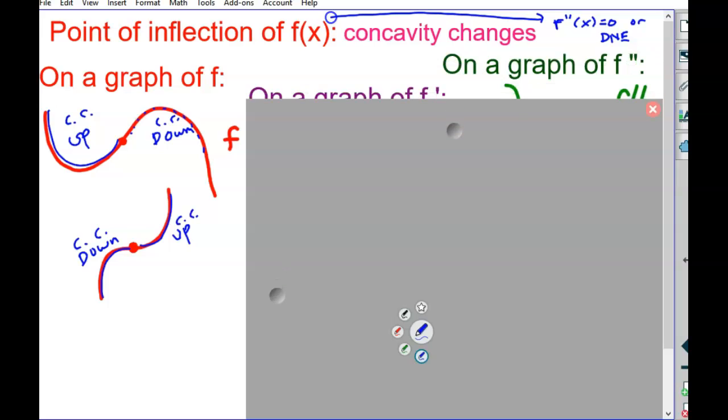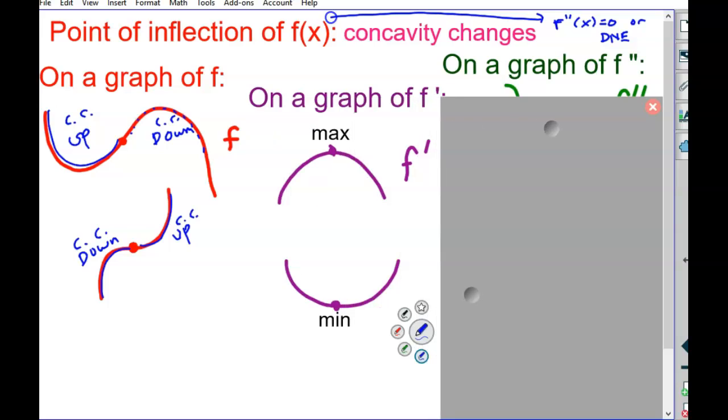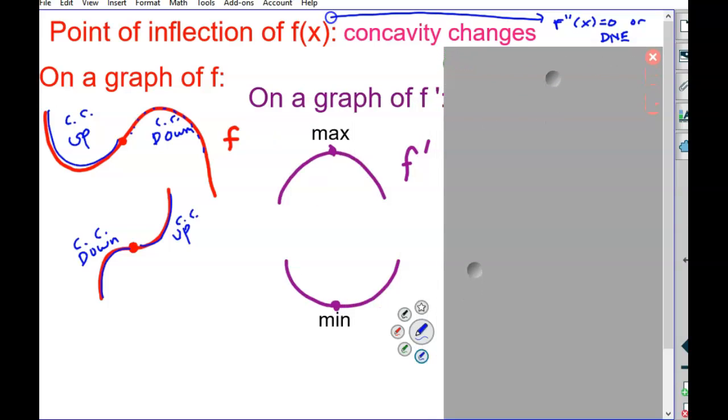That's where we've got to make the connection. So, can we tell concavity from the first derivative? Yeah, technically we can. Let's look at a maximum here.